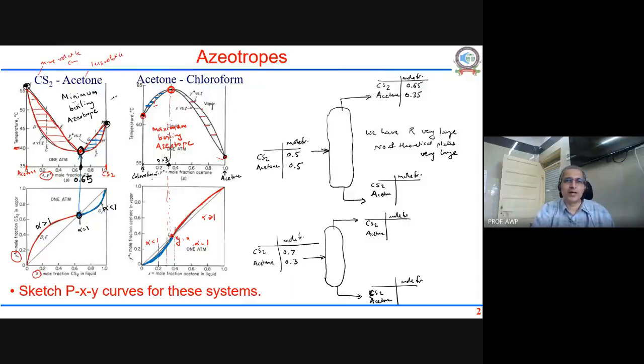I am only giving you this diagram. I am having a column with a very large number of theoretical plates, 100, 500, 1000, whatever you want. And I am having a very large value of reflux ratio: 20, 30, 40, 50, whatever you want.